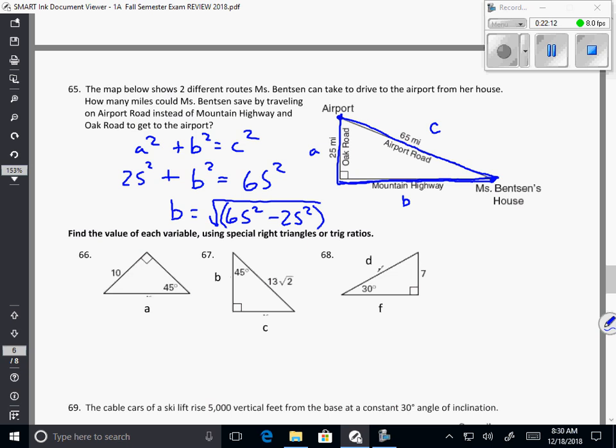So that means this was 60. Is that right? Which gives me a total of 85 miles if I go the long way, minus 65 if I go the short way, saving me 20 miles.